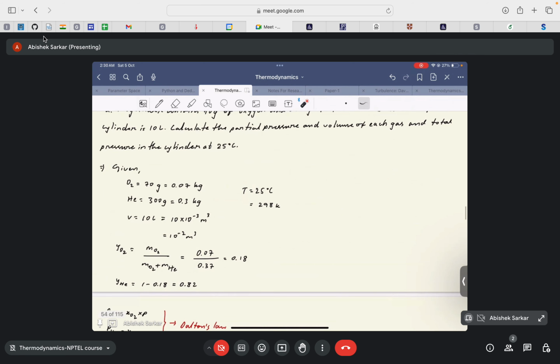You do not know how to find the molecular weight of the mixture, and only if you know it can you find the total pressure in the cylinder. This is the pressure exerted by the mixture of gases rather than the individual gas components. To deal with it, let us find the parameters that we can find with the values we have been given. Since we already know the mass of individual gas components, we can find the mass fraction of these individual gas components.